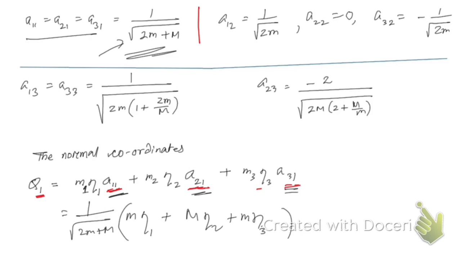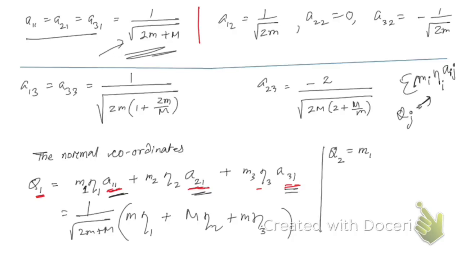So from the second equation, when you write q2, for qj, the coefficient should be mi eta i, then aij, right?